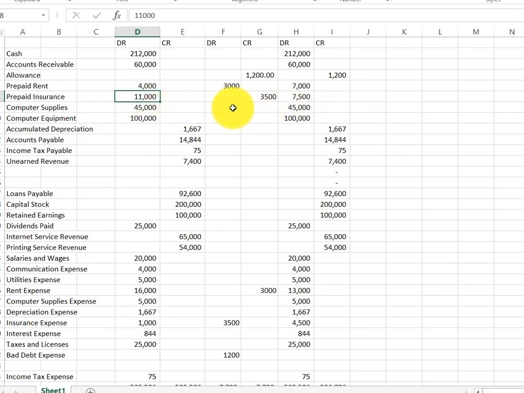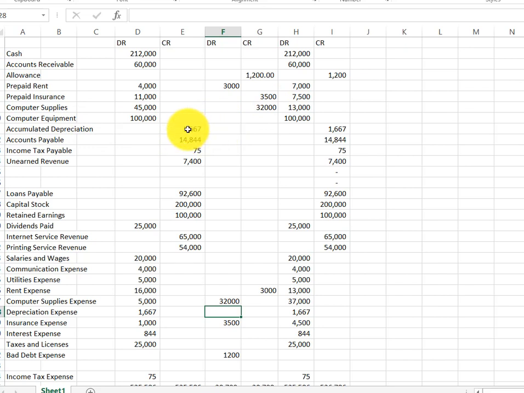Computer supplies, let's say we count up how much computer supplies we have left, and we see that we have $13,000 of computer supplies left. That means we need to use up and move to expense 32,000, to get it to 13. Okay, computer equipment, that is, we depreciate.